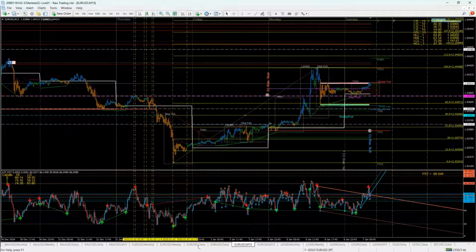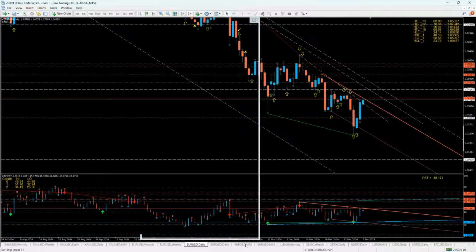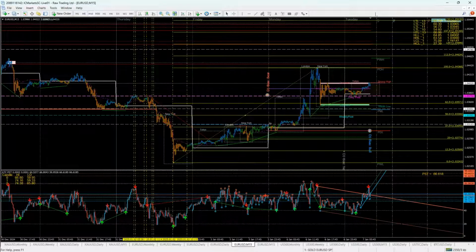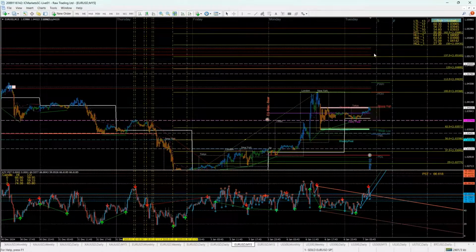Then 1.0502, and the 0533. 0502 is there, and the 33 is up here, which all makes sense if you think about it.